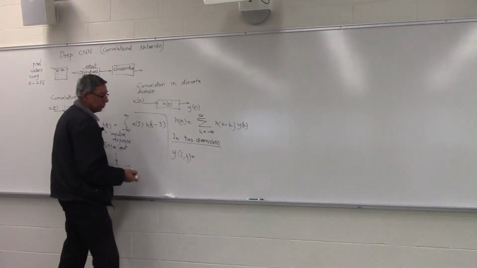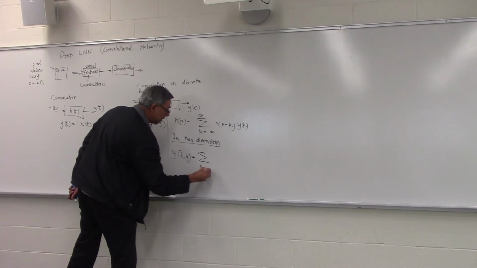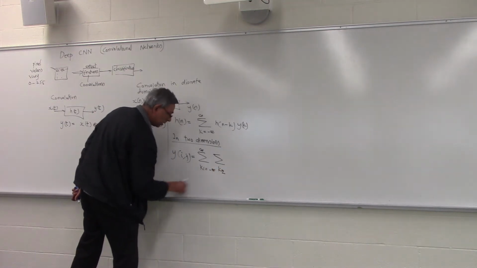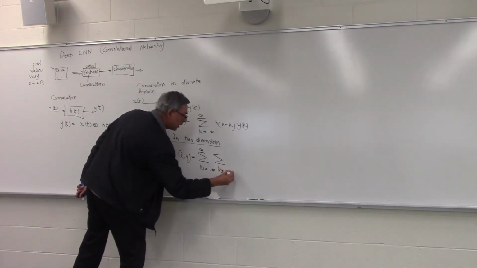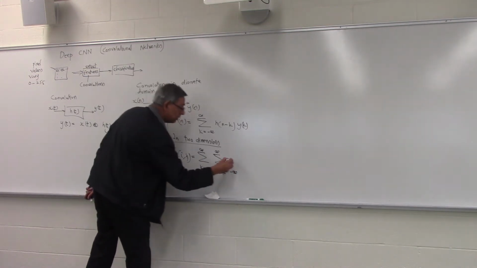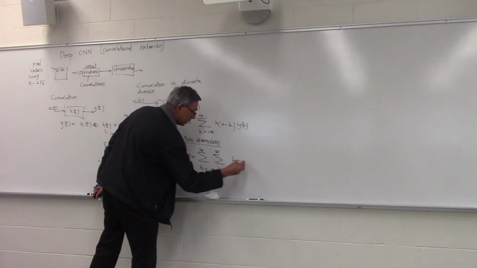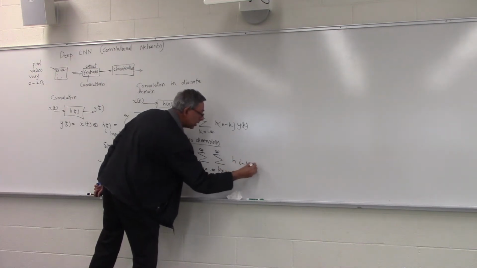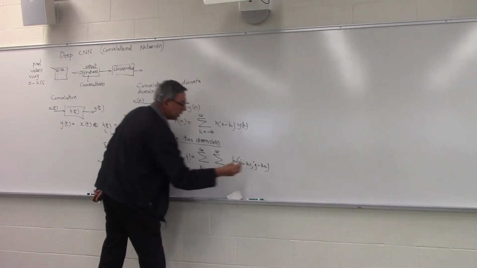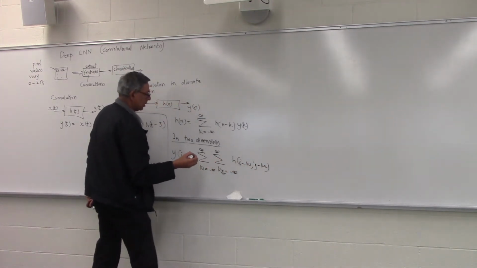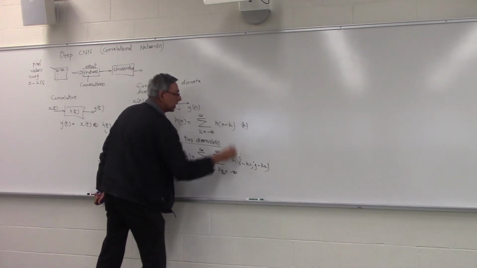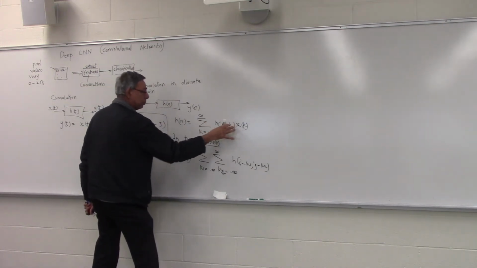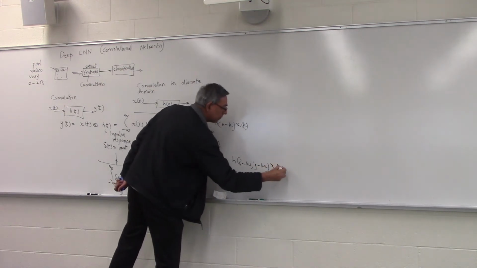So if the output is y in 2 dimensions, this could be k1 equal to negative infinity to infinity, k2 equal to negative infinity to infinity, let's say h of i minus k1, j minus k2, and x of k1 and k2. Here X is the input, so we're doing a convolution between X and H, right?